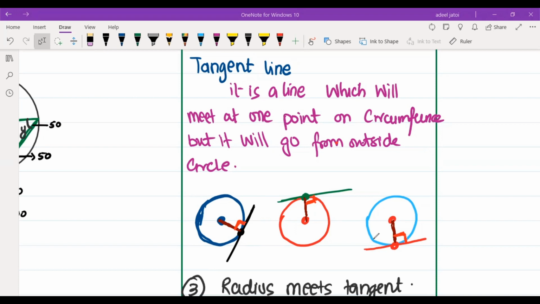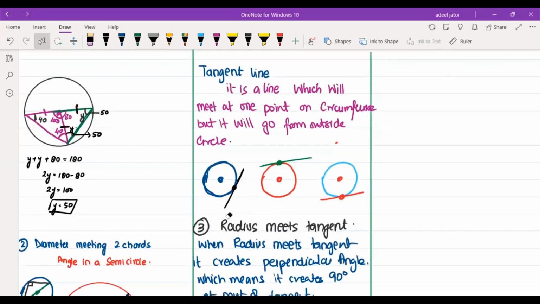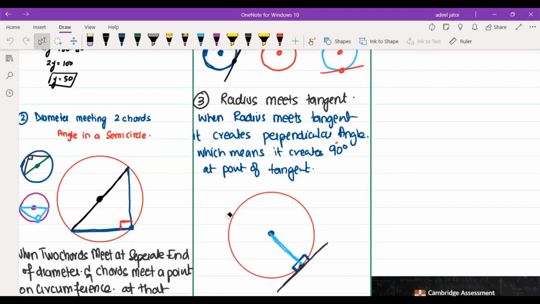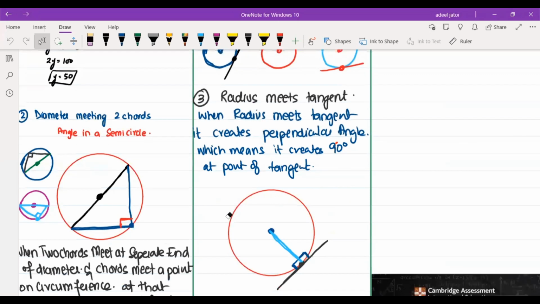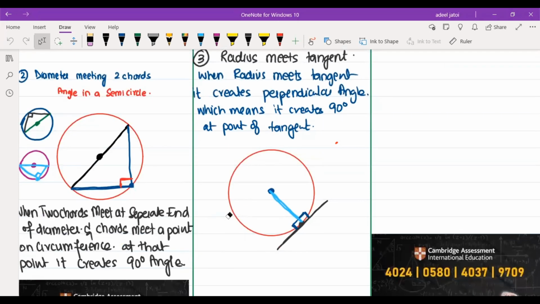So when the radius and the tangent meet, it will always create what? A 90 degree angle, because it will be meeting two perpendicular lines at one particular point, where it will always create what? 90 degree angle.